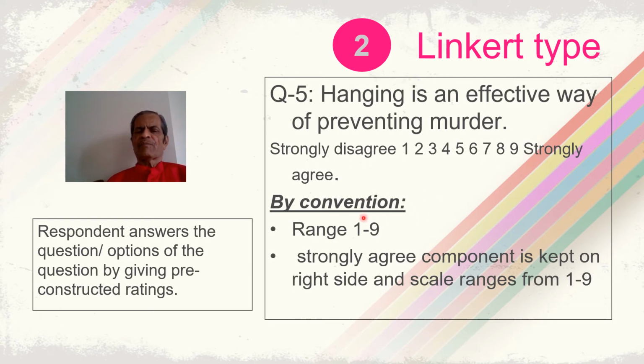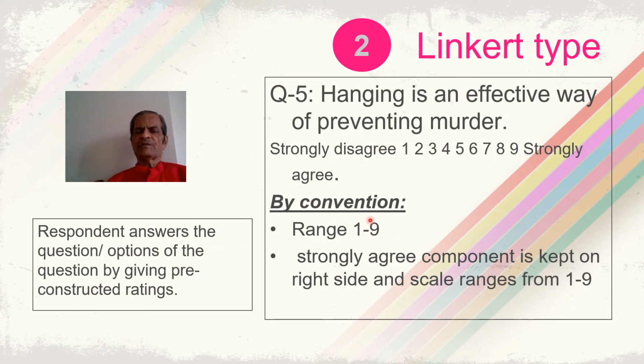By convention, the ratings have a range of 1 to 9 only. When the range is 1 to 9, strongly disagree is rated as 1, and strongly agree is rated as 9, it is called a Likert type of rating.